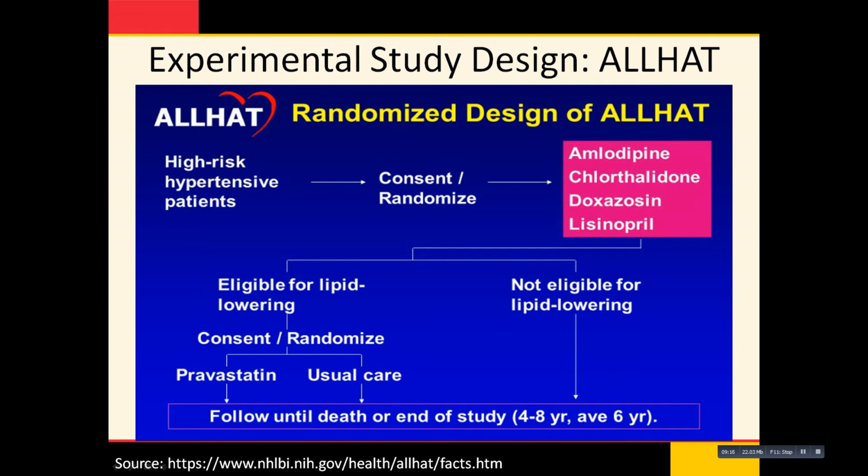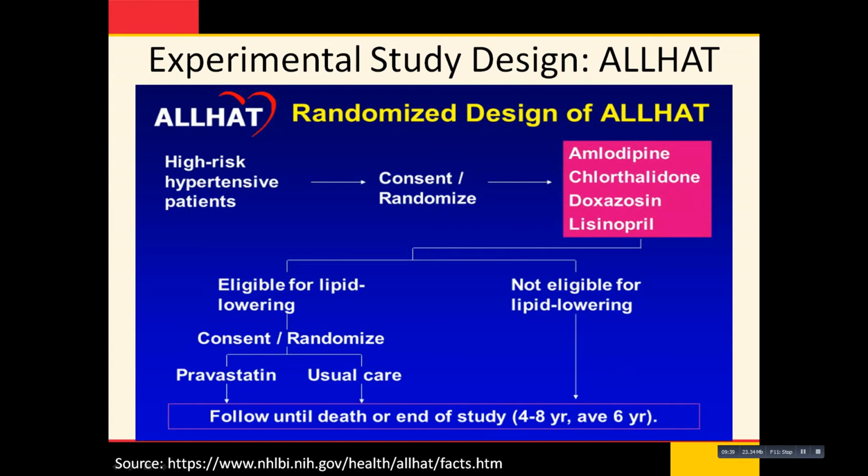So an example of an experimental design is ALLHAT, the Antihypertensive and Lipid-Lowering Treatment to Prevent Heart Attack Trial. We can see here high-risk hypertensive patients, once they met inclusion and exclusion criteria, were consented and then randomized to one of 4 antihypertensive agents: amlodipine, chlorthalidone, doxazosin, or lisinopril.